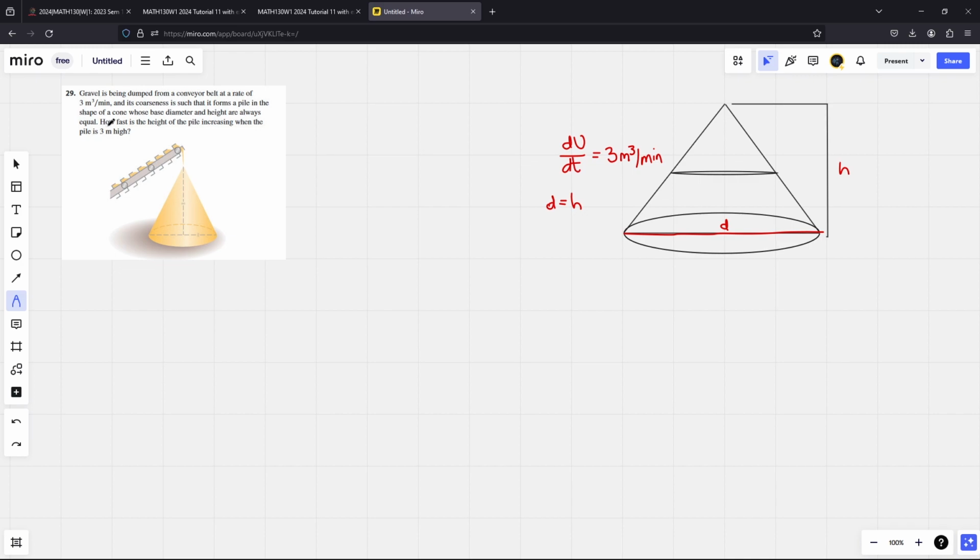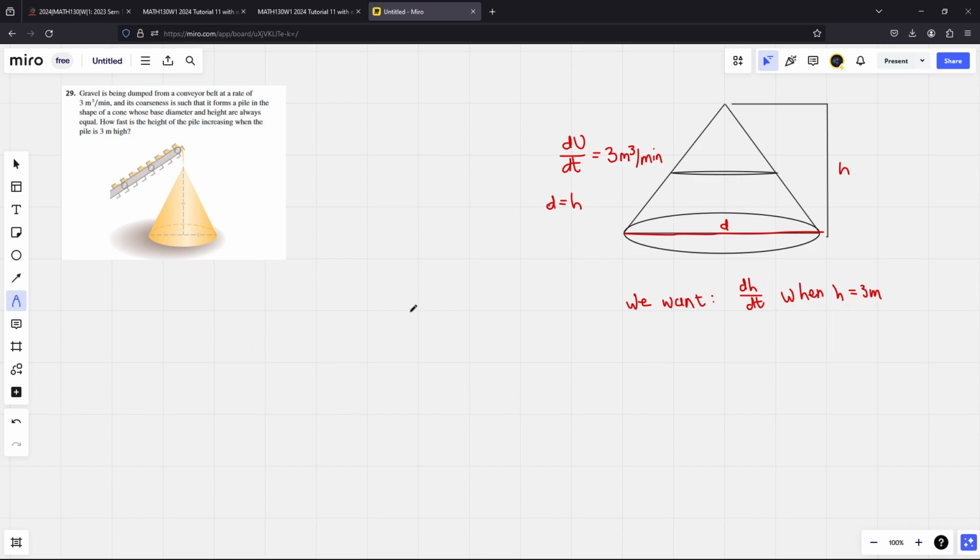They want to know how fast is the height of the pile increasing when the pile is 3 meters high. So let's think about that in mathematical terms. We want how fast is the height increasing when the height is equal to 3 meters. So dh/dt when h is 3.